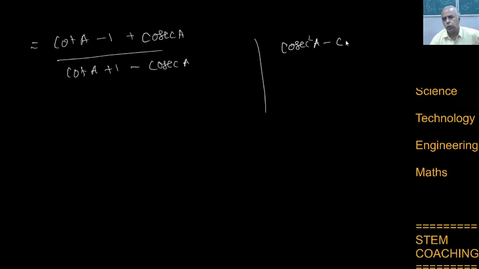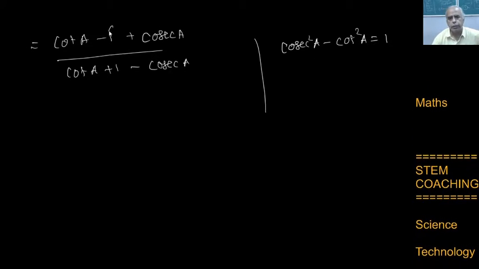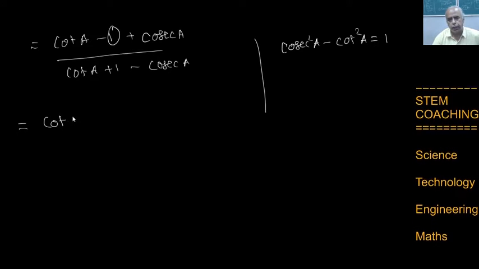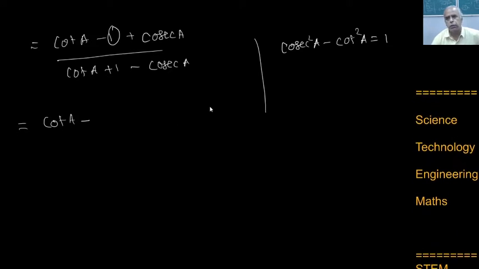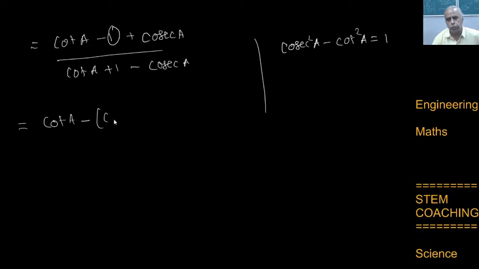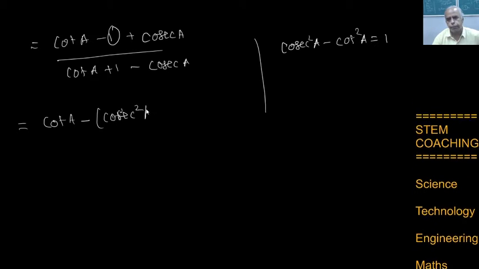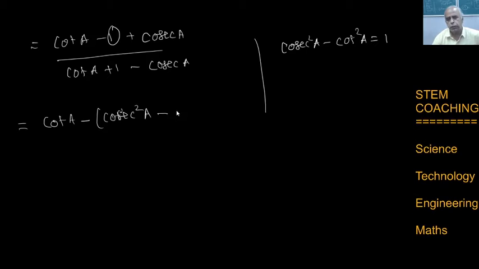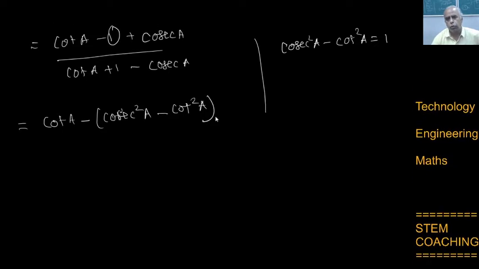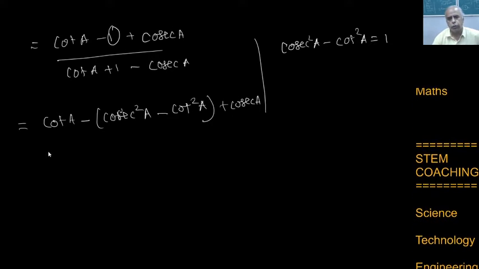minus cot squared A is equal to 1. So we can replace this, is it not? Therefore, cot A minus, you can introduce instead of plus 1, that is instead of 1, cosecant squared A minus cot squared A, close the bracket, plus cosecant A. Are you able to follow this?